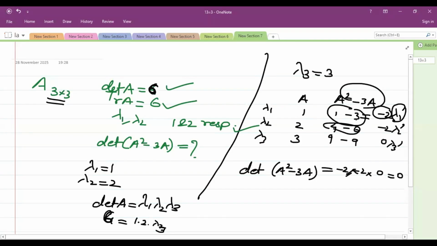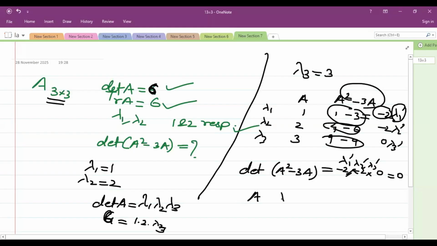Likewise, the eigenvalues of A square minus 3A, which are these 3, I'm denoting with lambda 1 dash, lambda 2 dash, and lambda 3 dash, so that here I can multiply them. Eigenvalues undergo a linear change of scale, and with addition or subtraction by some constant, they will change accordingly.